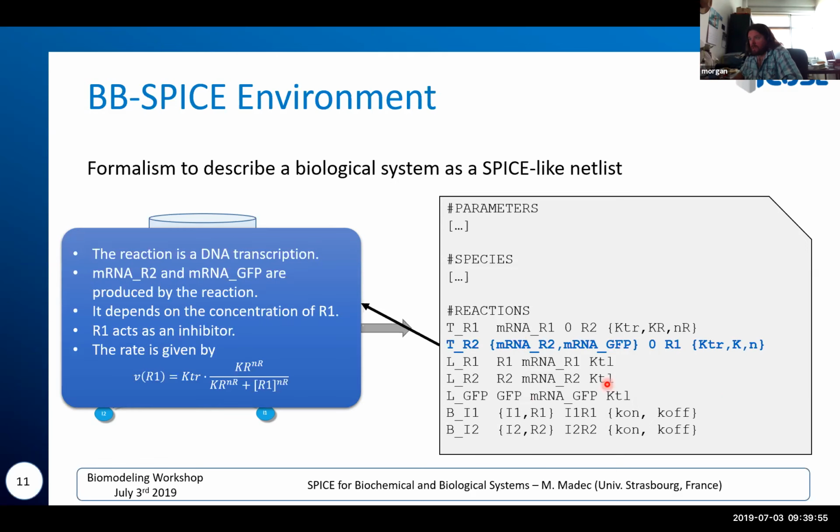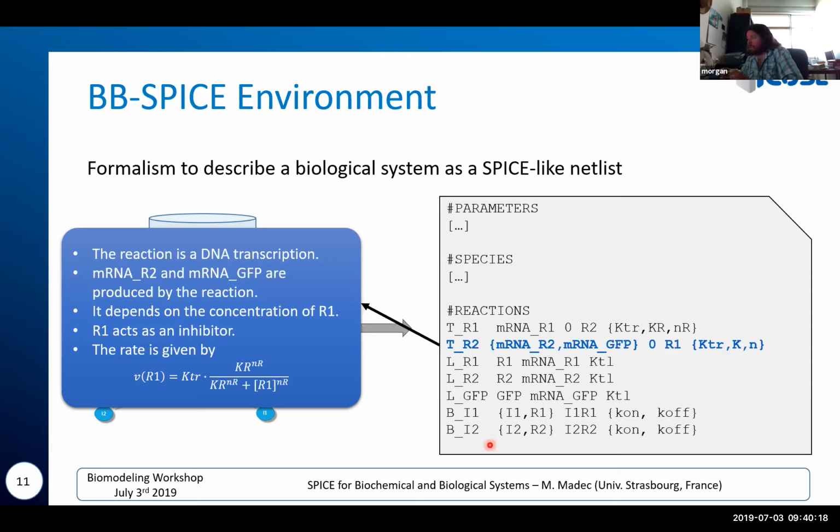So that's what I just explained here. And just to show you the equation, we assume that the reaction rate of the transcription is always a Hill equation like this. So we just give the names of the parameters that will fill this equation, but not the complete equation.